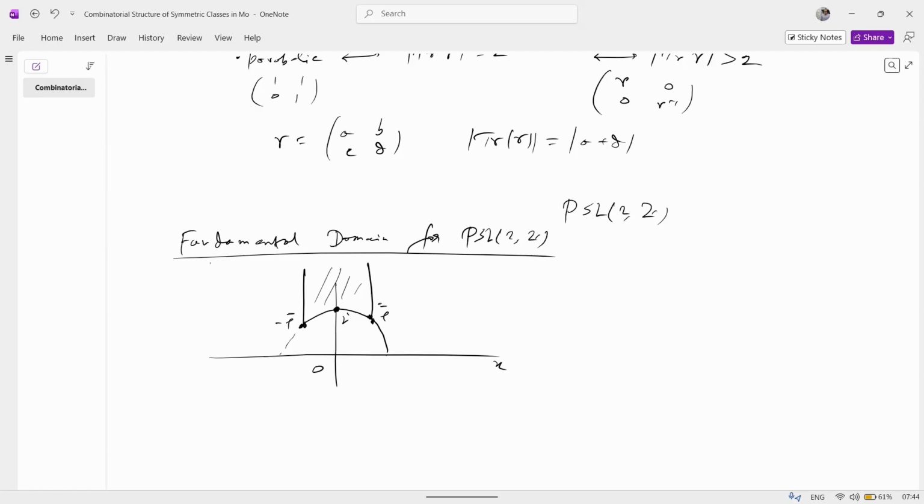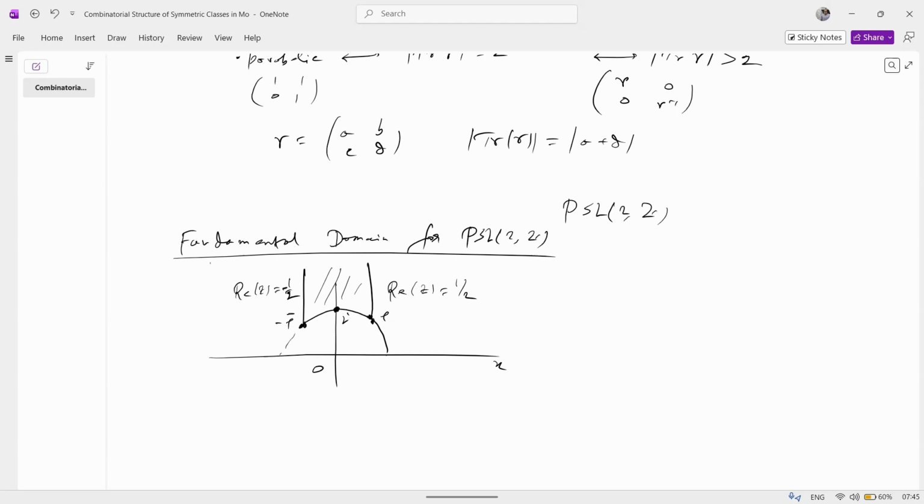Right, because if this is rho, then this is minus rho bar. So essentially, what is this line? This is real part of z is half, and this is real part of z is minus half.